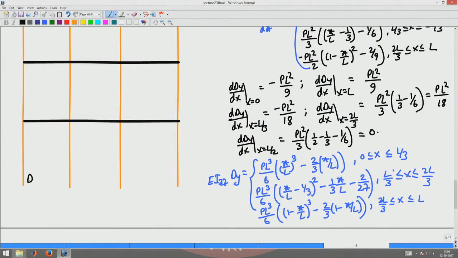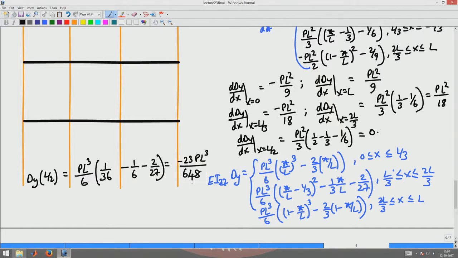So, delta y at L by 2, substituting in this equation, would be PL cube by 6 into (1 by 2 minus 1 by 3 is 1 by 6, so it will be 1 by 36, minus 1 by 6 minus 2 by 27), which will be minus 23 PL cube by 648.